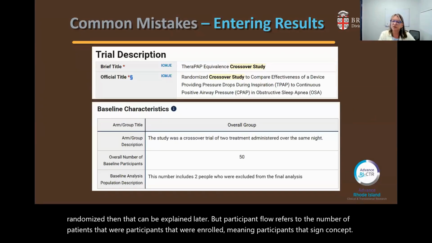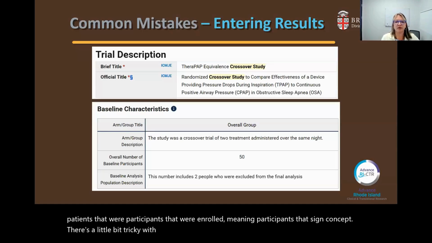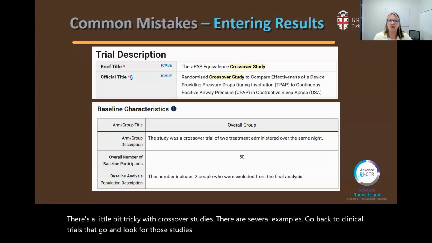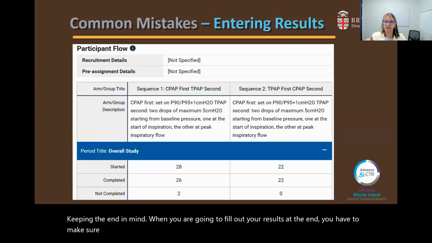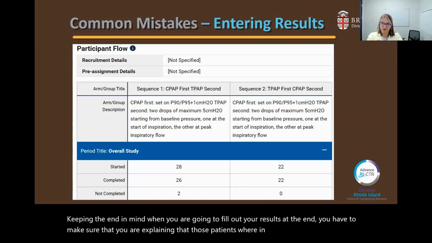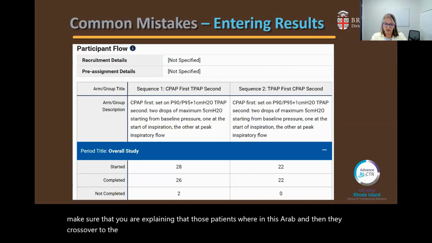It's a little bit tricky with crossover studies. There are several examples. Go back to ClinicalTrials.gov and look for those studies. But what they want is the number of patients. Keeping the end in mind, when you are going to fill out your results at the end, you have to make sure that you are explaining that those patients were in this arm and then they crossed over to the other arm.